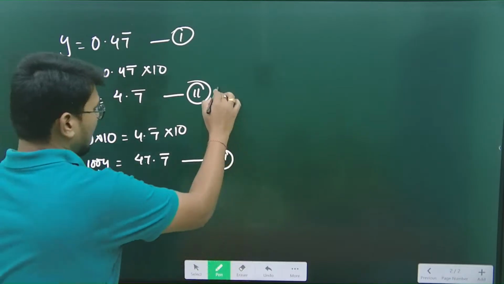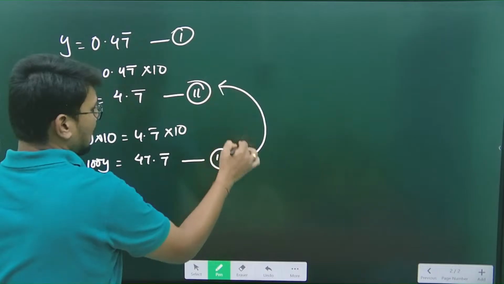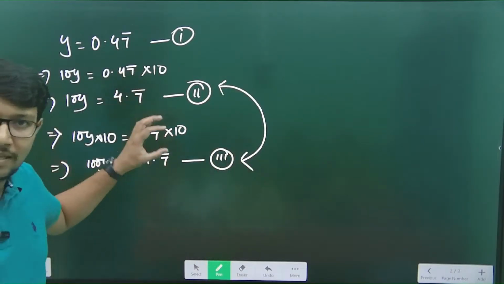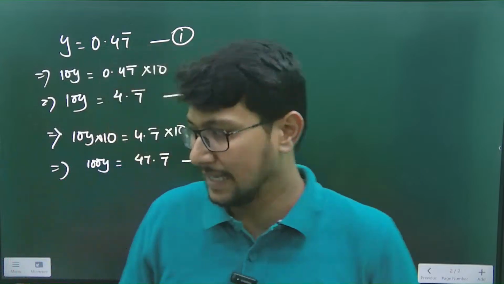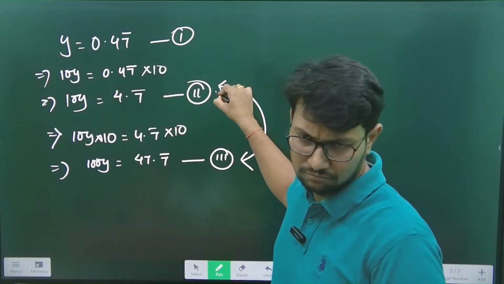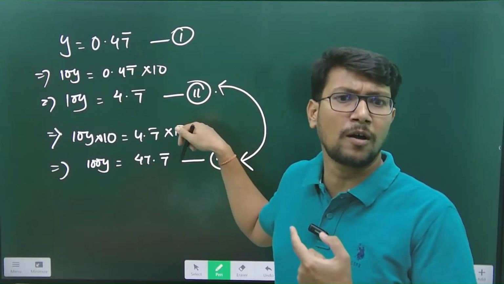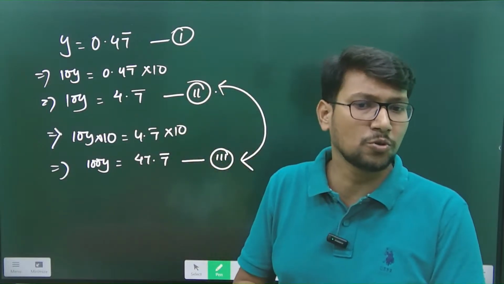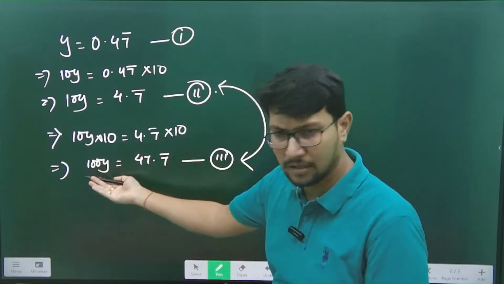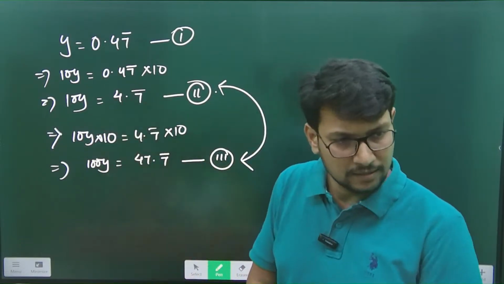Is that clear? Now check these two equations. Are their decimal parts the same? Yes. So therefore you have to subtract 2 from 3, because this one is greater. Got it?